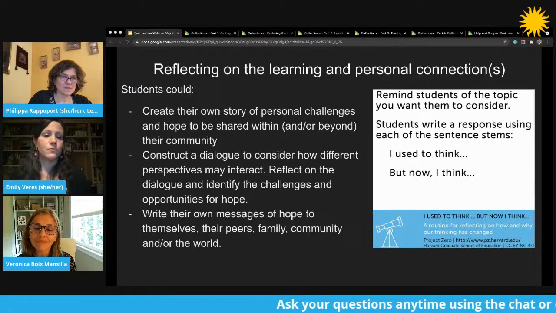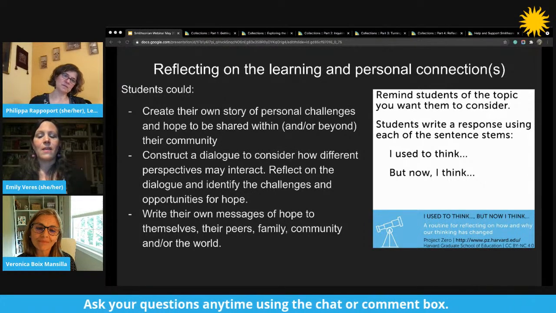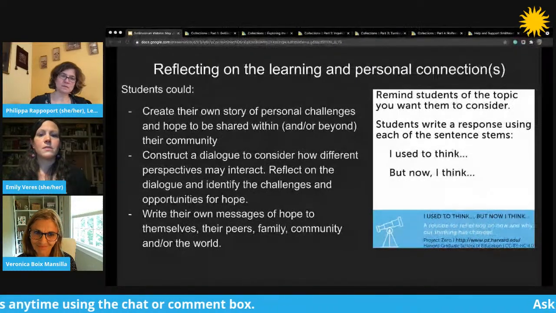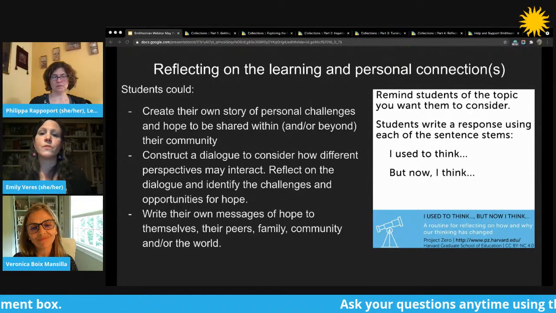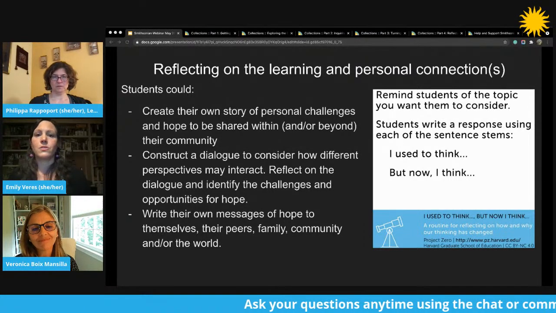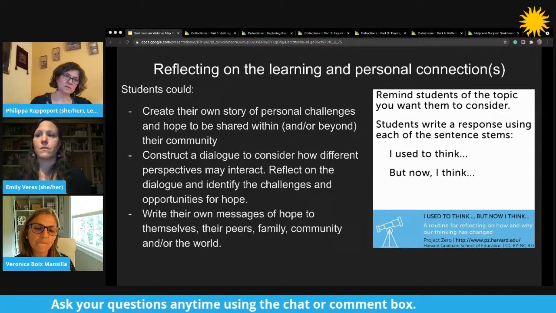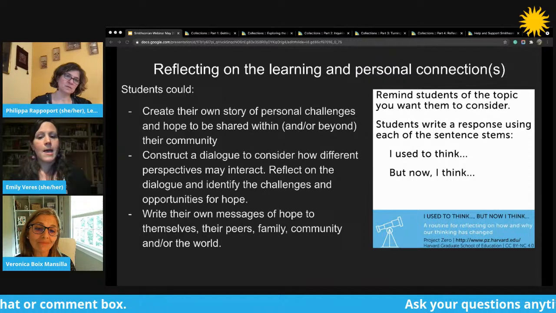What I had them do was really consider the arc of what they have learned. And I used to think, but now I think, thinking routine for me is nice and open-ended, and is always something that rolls really smoothly into helping the students consider the learning that they've done. And this was after reflecting on the map as a whole.